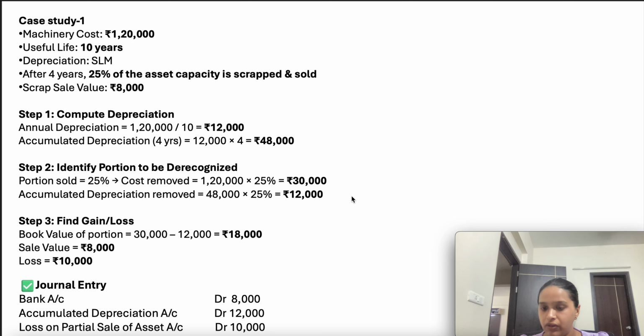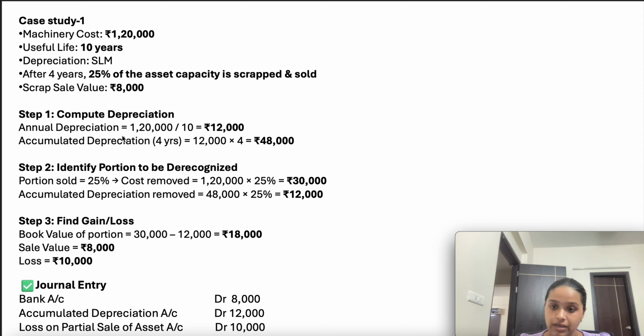So first of all you need to arrive at the book value. After 4 years, what is the carrying value in our books? First we compute the annual depreciation and the accumulated depreciation, that is 40,000. Now they want to sell 25% of the asset, so we look at the original cost of that portion, which is 30,000, and out of the accumulated depreciation, 12,000.